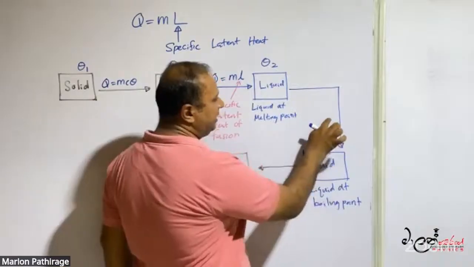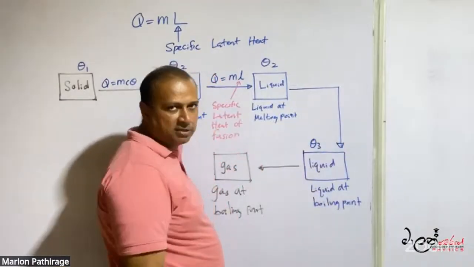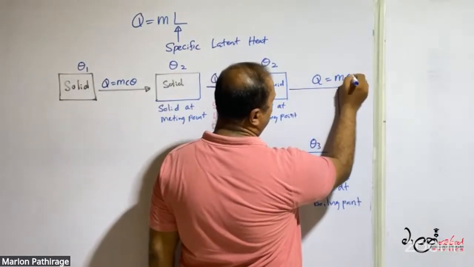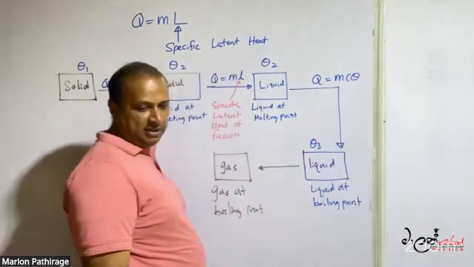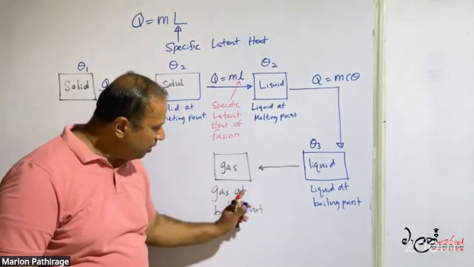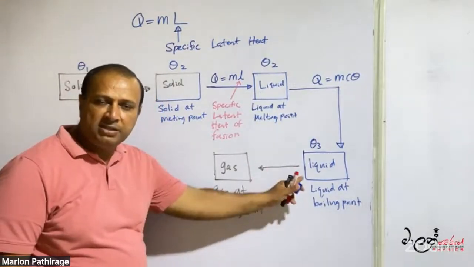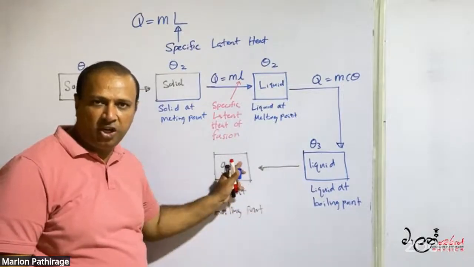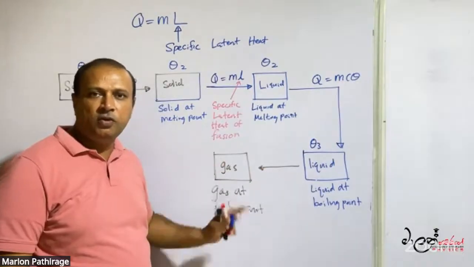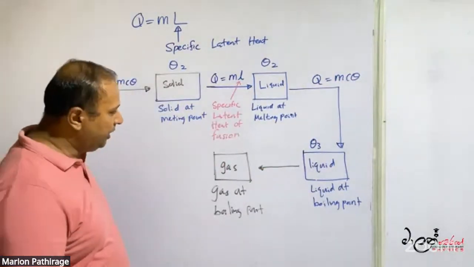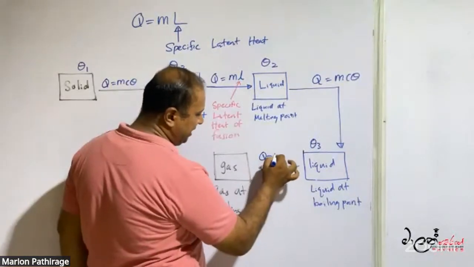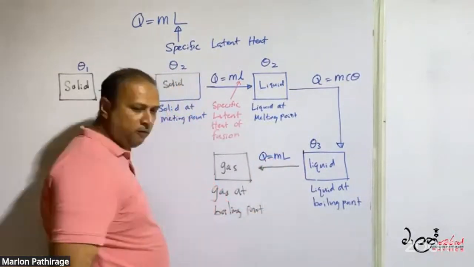Therefore, heat associated with this transformation can be measured using the m c theta equation. Now, at the boiling point, there's a phase change. Liquid form is converted into a gas form. So heat associated with this can be measured as Q equals m L.